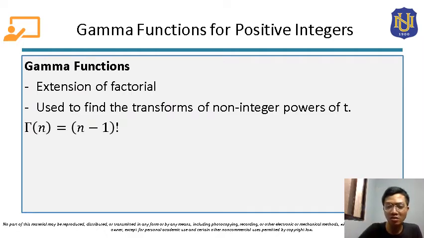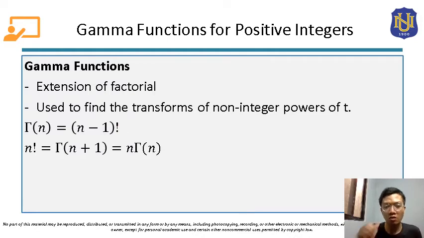So this is the relationship between gamma of n and factorial. Again, gamma of n is equal to n minus 1 factorial. From this relationship, we can say that n factorial is equal to gamma of n plus 1. We just interchanged it.